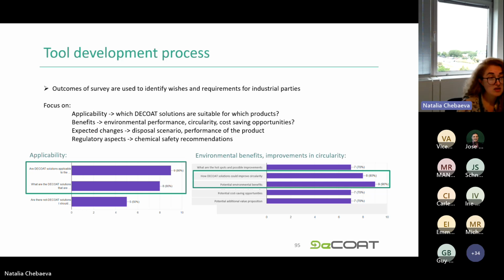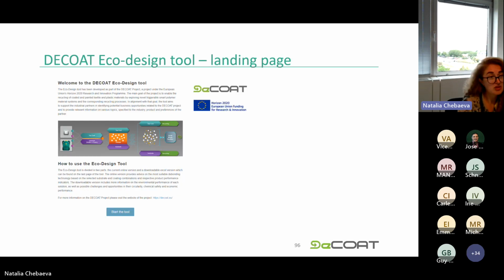As a result, I will present you some screenshots of the tools themselves, but you can also go online and check them out.